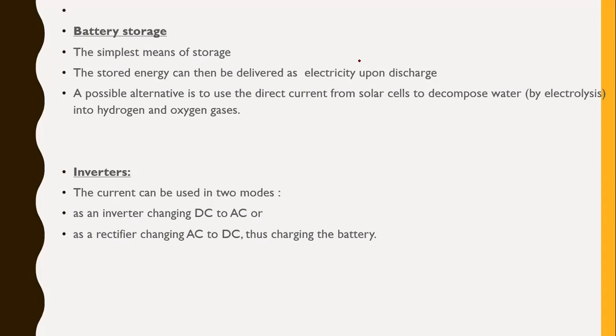Next one, inverters. These devices are usually solid state, and they change the array's DC output to AC output for our applications. We can change to the desired voltage values and the desired frequency, and we can also change the phase, so as to feed the photovoltaic generated power into a power grid.